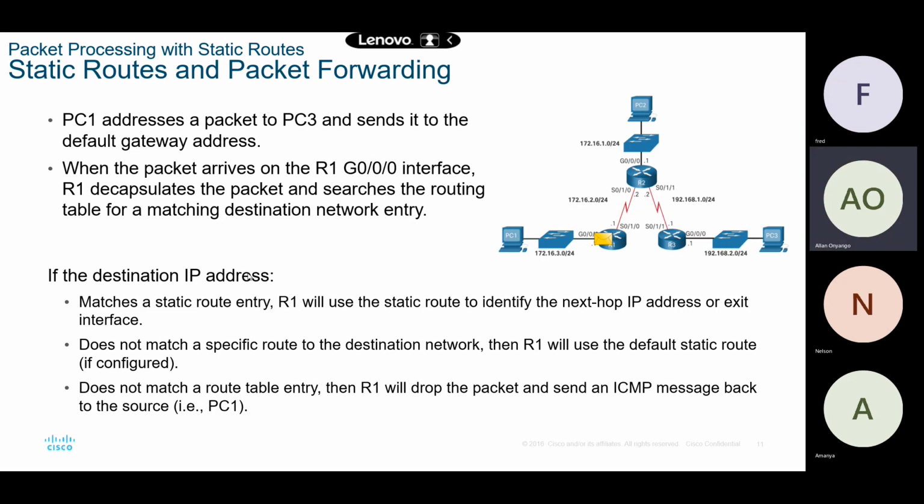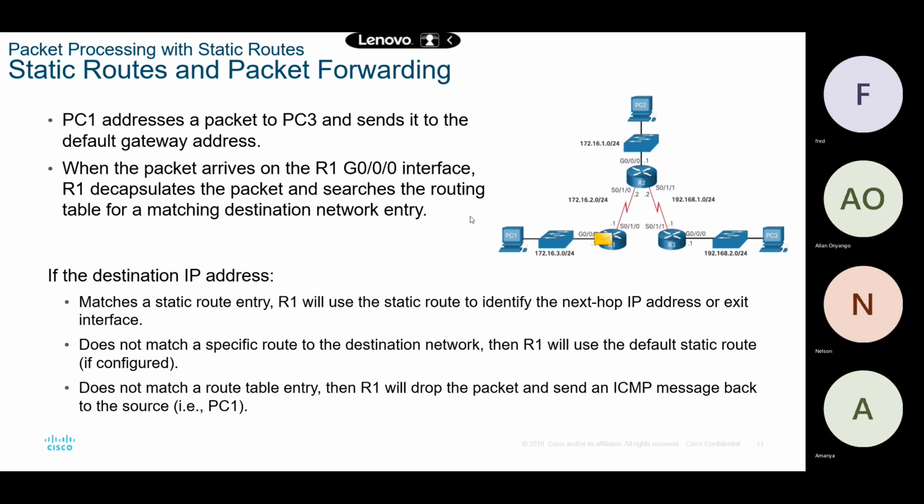That means the IP address does not match any route in the routing table. Then R1 is going to drop that packet and send an ICMP message back to the source device, so back to PC1. That happens over and over again. So the routing table has a very significant role for the router to process any packets.